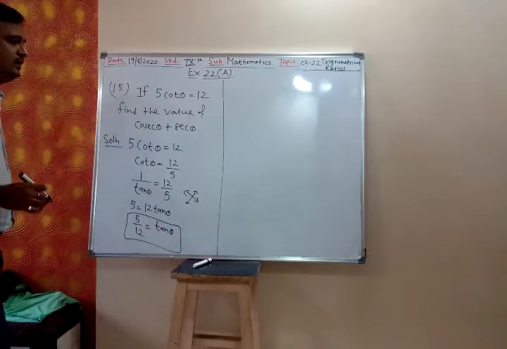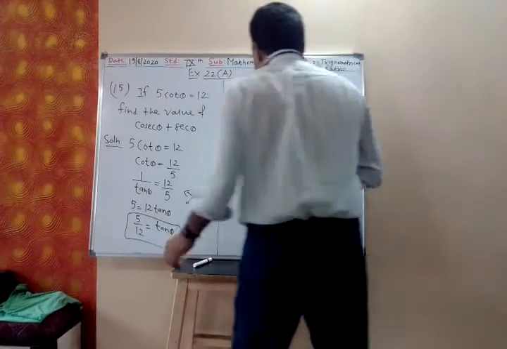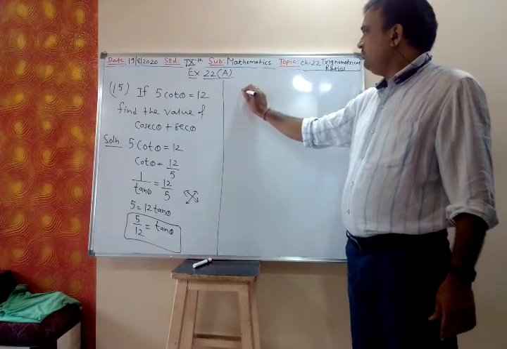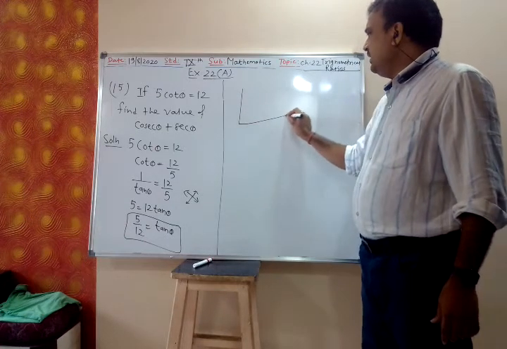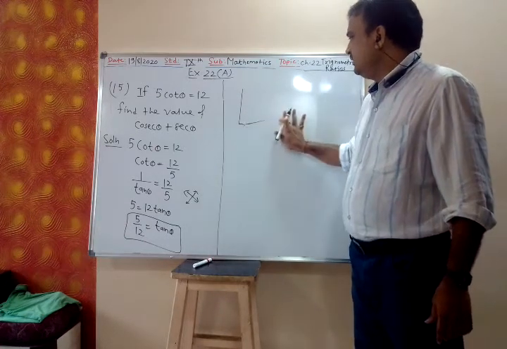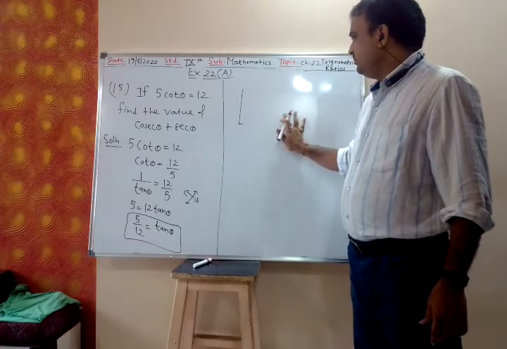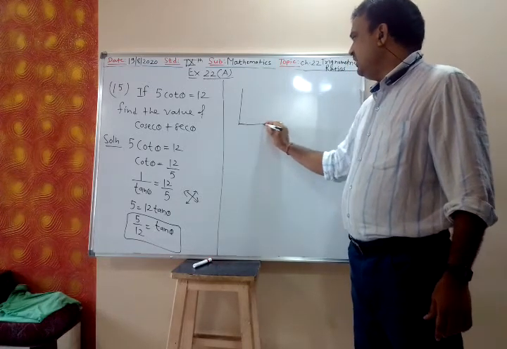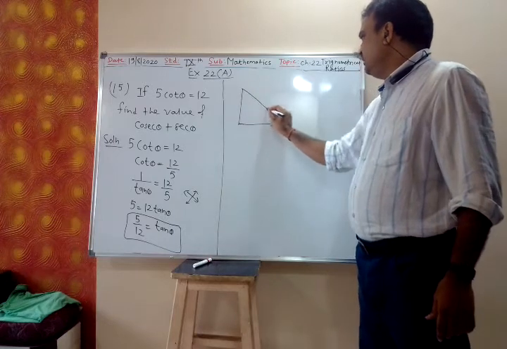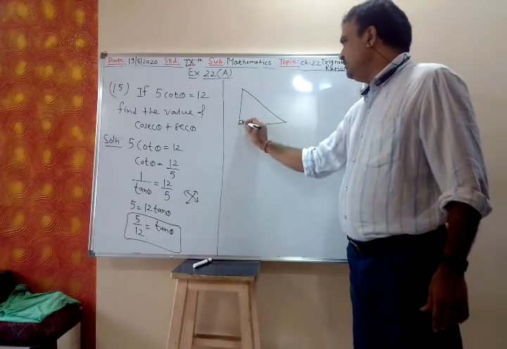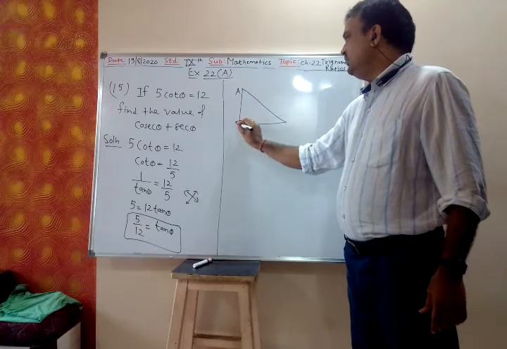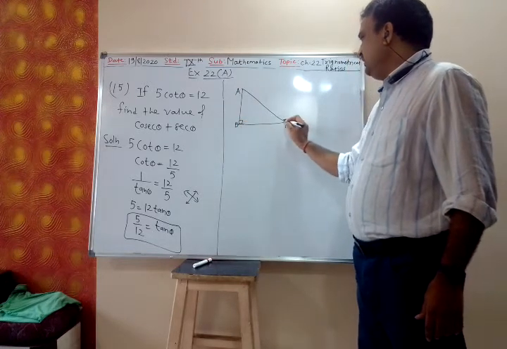Now theta is my reference angle, so we draw the diagram. Take any right angle triangle ABC and take theta as the reference angle.